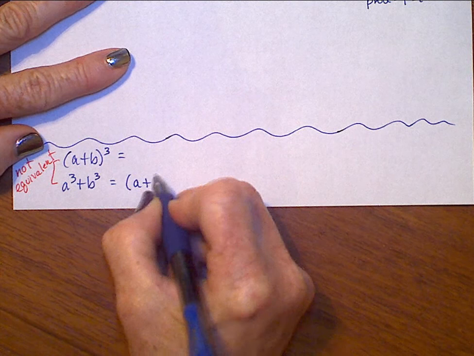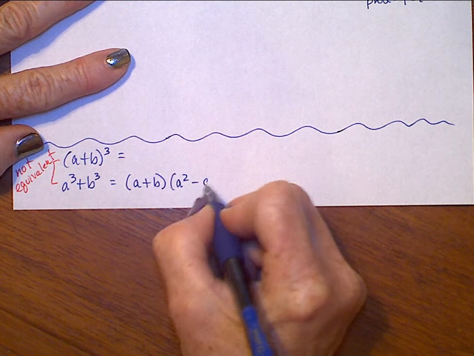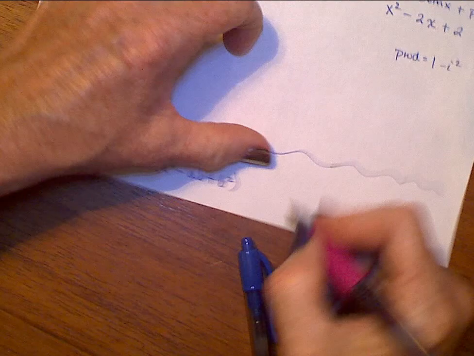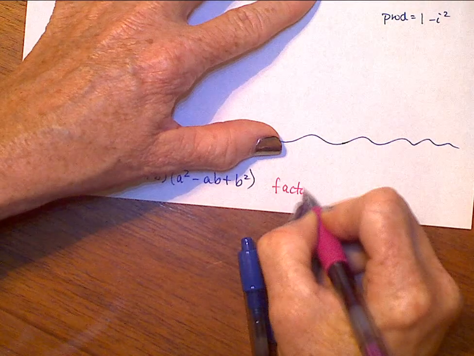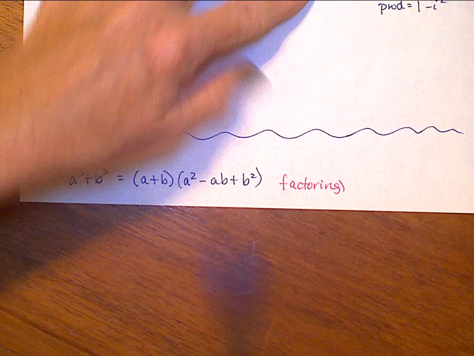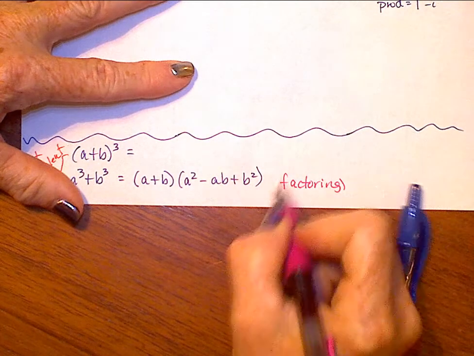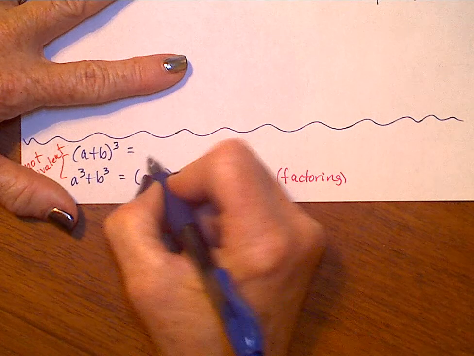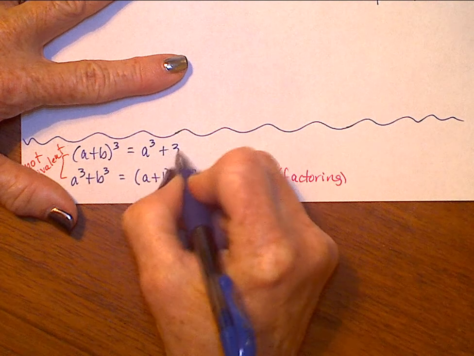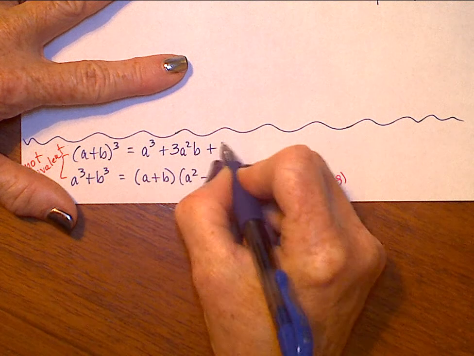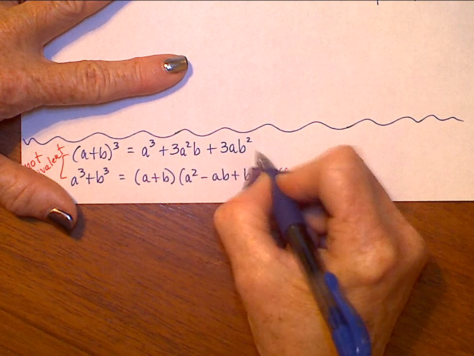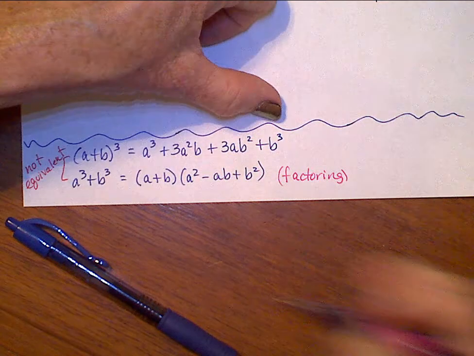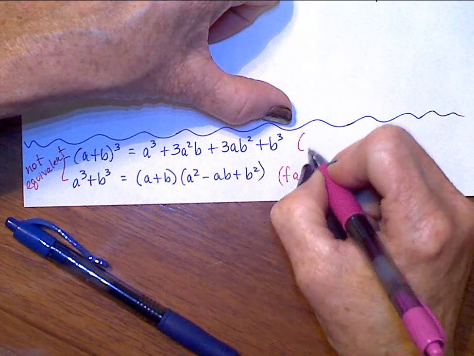A plus b times a squared minus ab plus b squared. That's factoring. This one, (a plus b) cubed, we want to cube that out, and there's a pattern for this. It's a cubed plus 3a squared b plus 3ab squared plus b cubed. And that is an expansion, multiplying out.